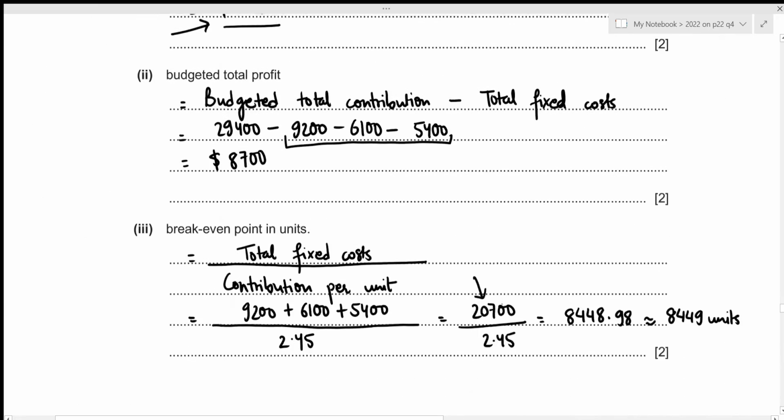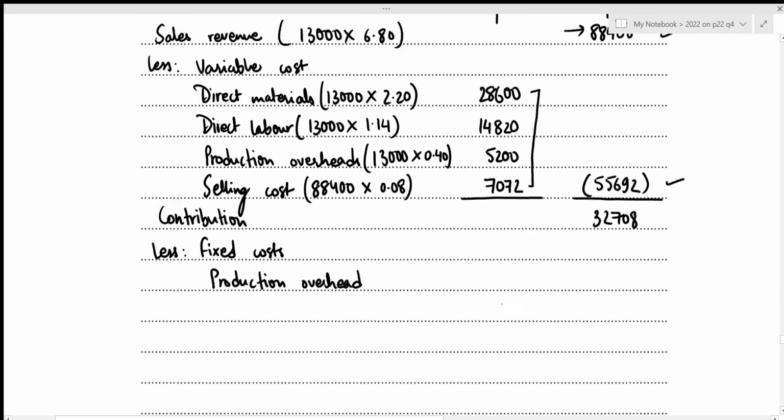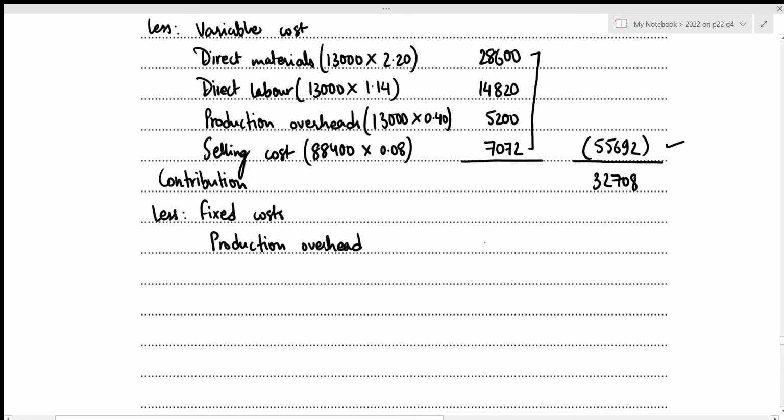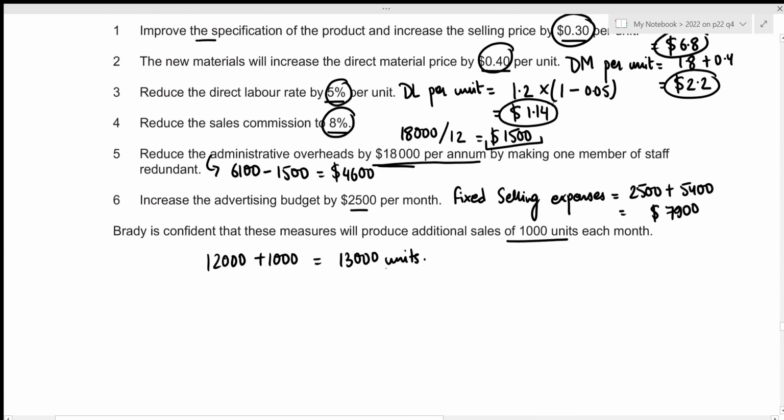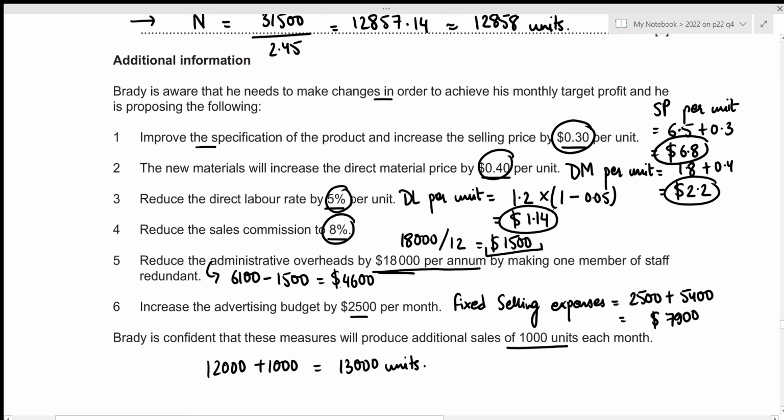Let's substitute this. Then the next overhead we had was the administrative overhead. And we have already figured it out right here. The total new administrative overhead is 4,600. Let's write it down.